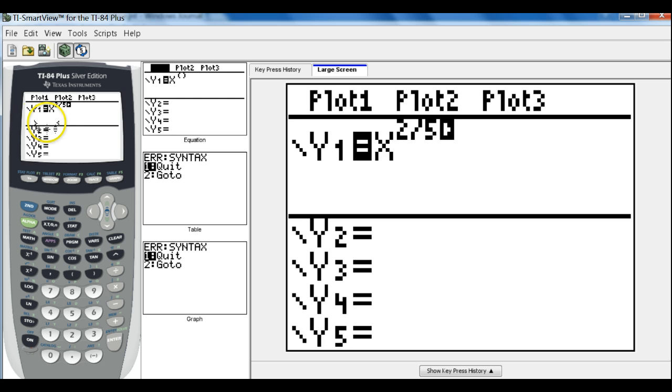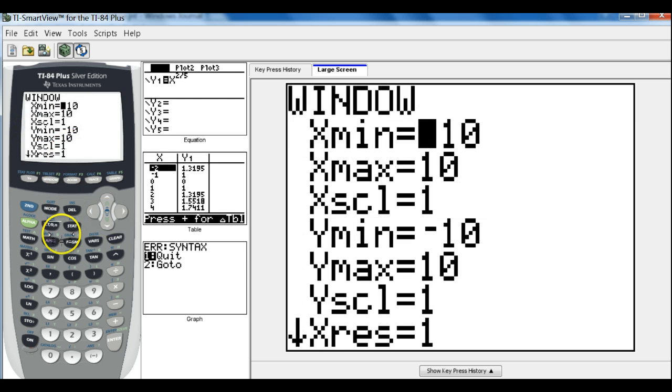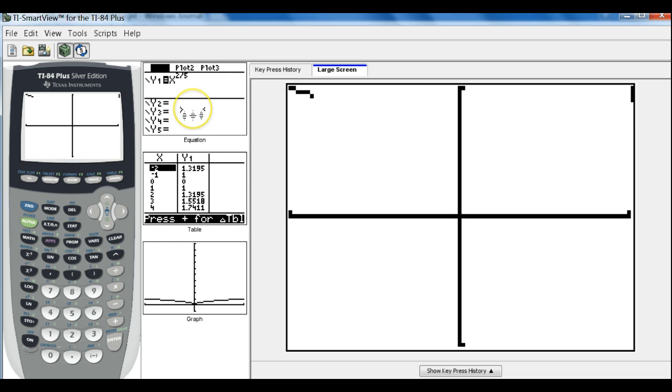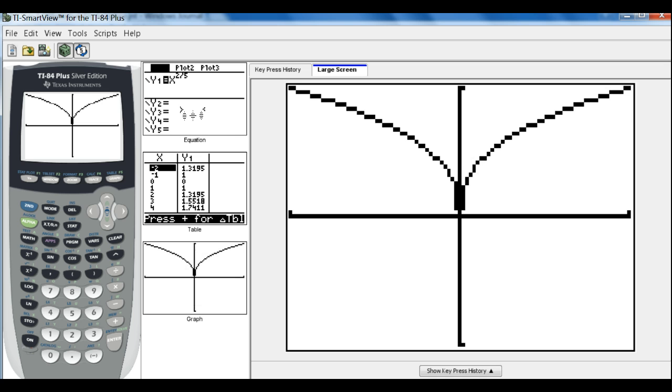Okay, and it's going to be at 0, so I'm going to window just from like -1 to 1, and then the y is probably only going to be like -1 to 1. We'll make it a really small window and see what that looks like. Alright, so there it is coming in, and sure enough, right at the end, you see how from the left, you have a slope that's vertical, but it's negative, and then from the right, it's vertical, but it's positive. Therefore, that is a cusp.